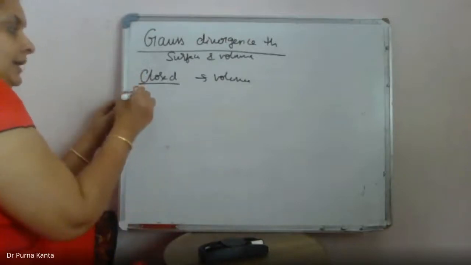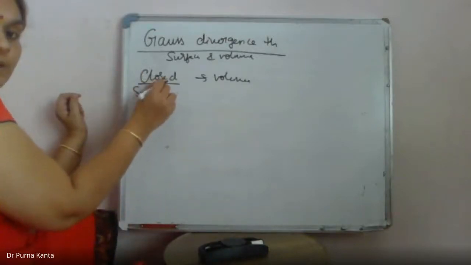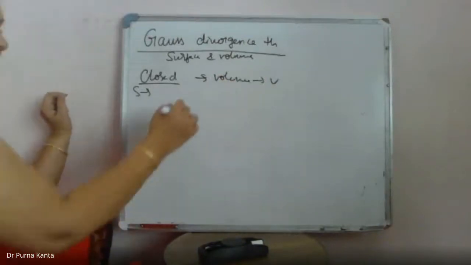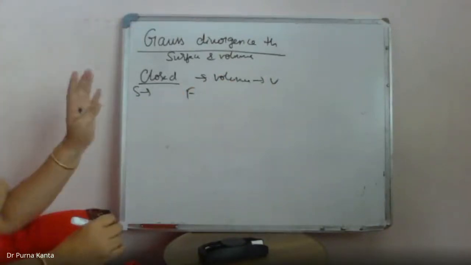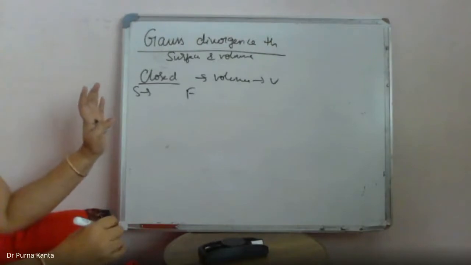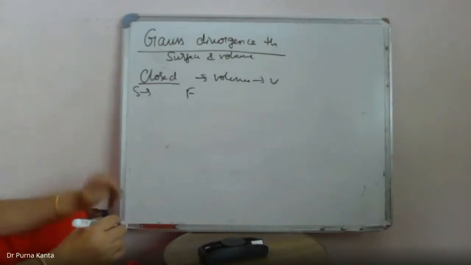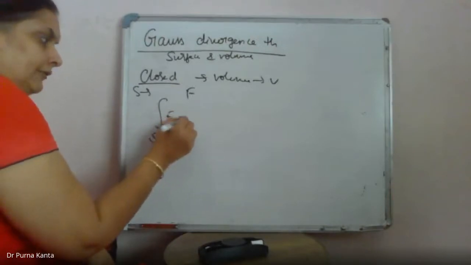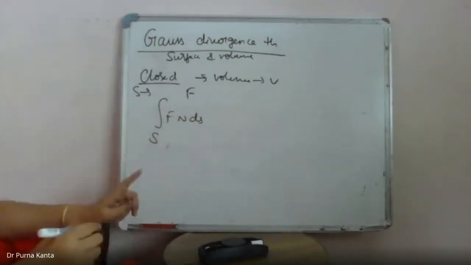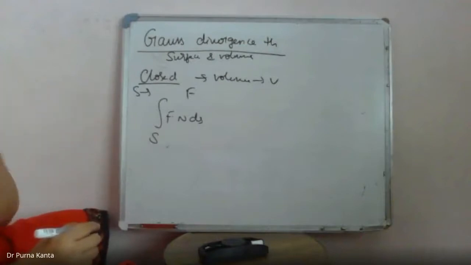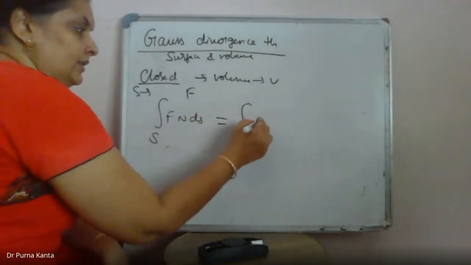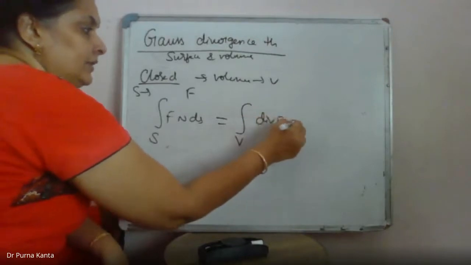If S is any closed surface enclosing a volume V, and F is any vector point function defined on this surface, I'll give you the statement, just try to understand first. Then the integral over S of F dot n dS, which represents the surface integral on this surface, is equal to the integral over V of divergence of F dV.